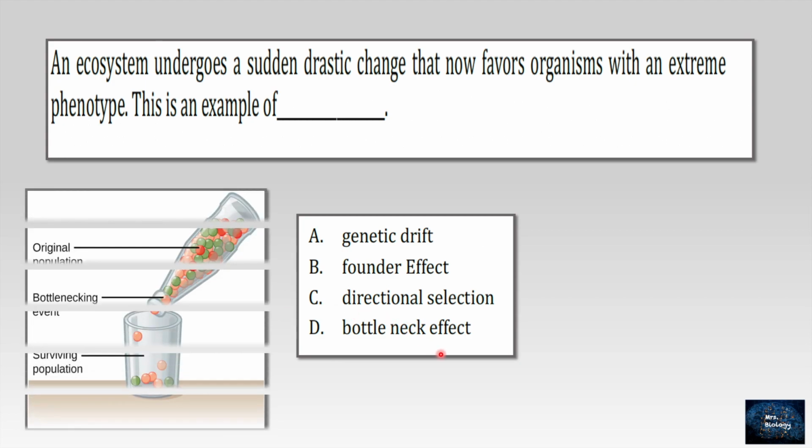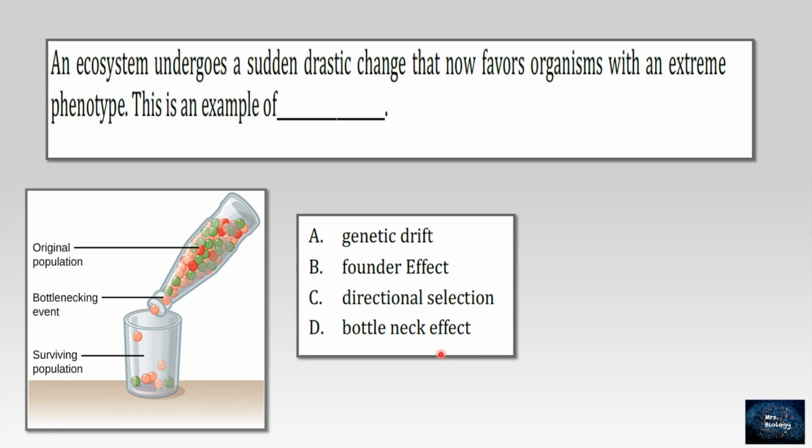Bottleneck effect. What is a bottleneck effect? The way in which a reduction and subsequent increase in a population size affects the distribution of genetic variations among its individuals. So it's not related here to the sudden change and giving extreme phenotype.